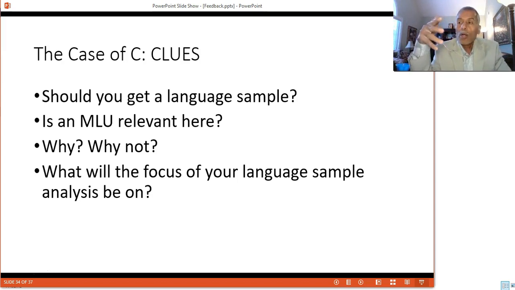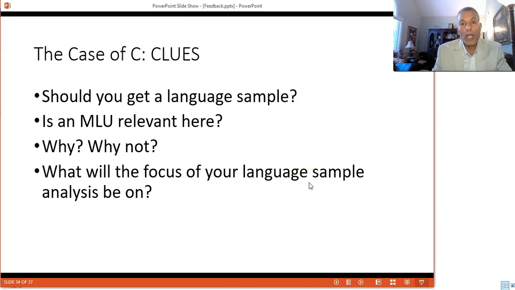And then you look for the 4 elements of cooperativeness, which are how much language the person is using to answer questions: quantity, quality, relevance, and manner. These are very, very effective tools in enabling you to see how someone is using language verbally to express herself or himself. So that's the focus of the language sample.